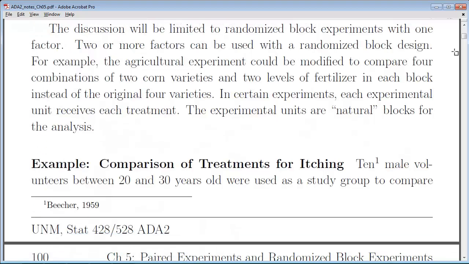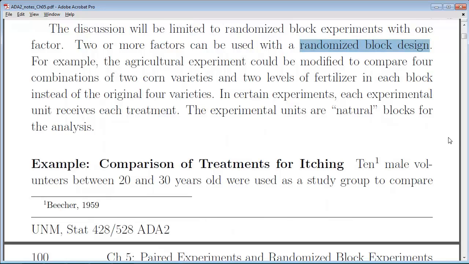So in this section, we're going to look at randomized block experiments with only one factor, where we've got one type of block that controls for extraneous variation, and then within each block we randomize experimental units to the different treatments. And that is the randomized block design.